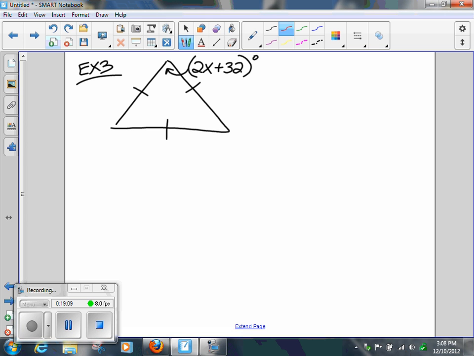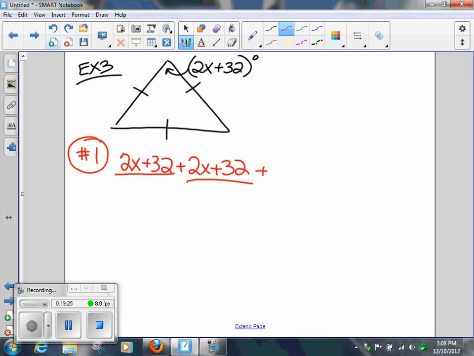So option number 1: I could say that 2x plus 32 plus 2x plus 32 plus 2x plus 32 is equal to how much? 180. Now, that would be a big old pain, but is it doable? Absolutely, it's doable. We'd combine like terms. We would solve the equation for x, right?